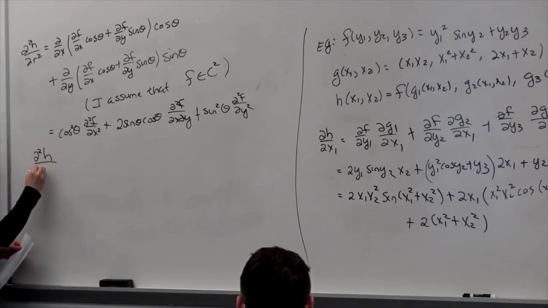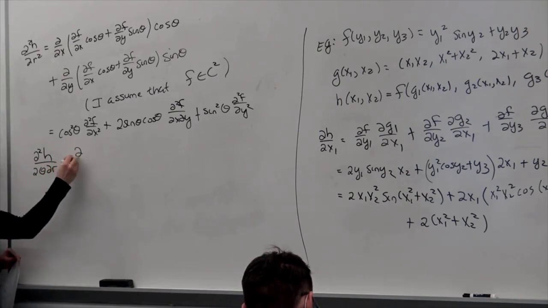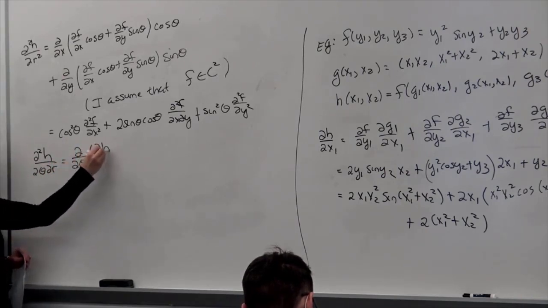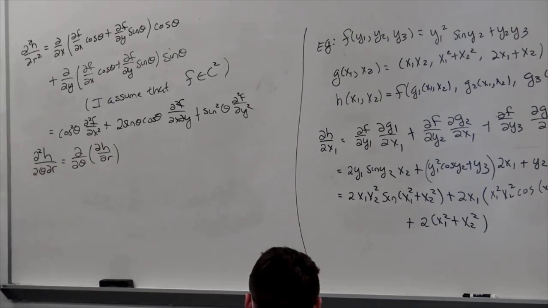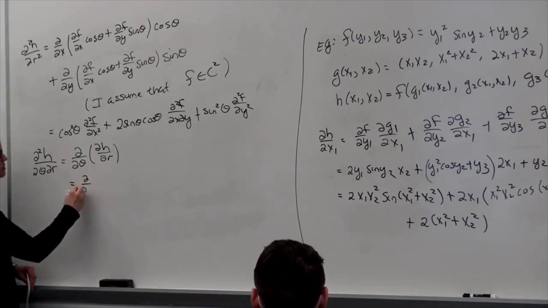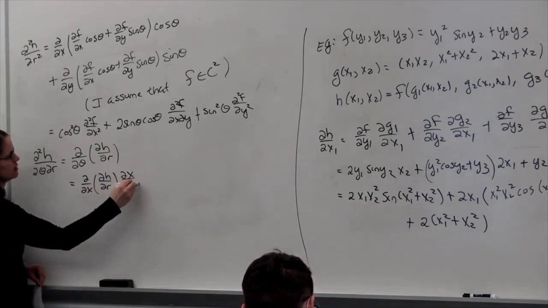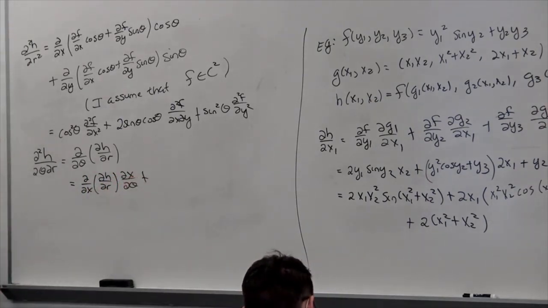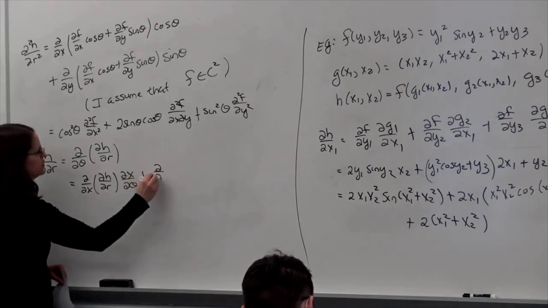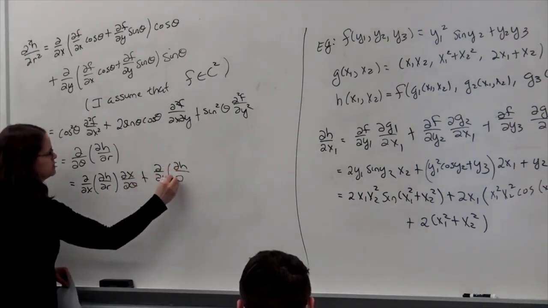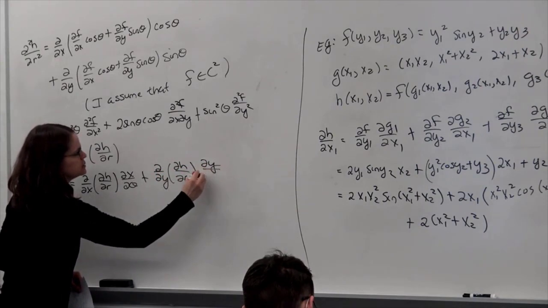So we've got the mixed partial, which we would get by taking the theta derivative of dh dr. I won't go through all the details, but it would be our usual change of variables formula. So d by dx of this times dx d theta plus d by dy of it times dy d theta.